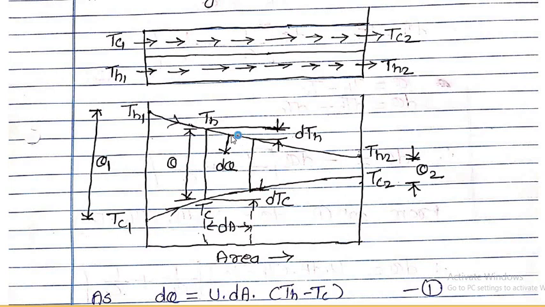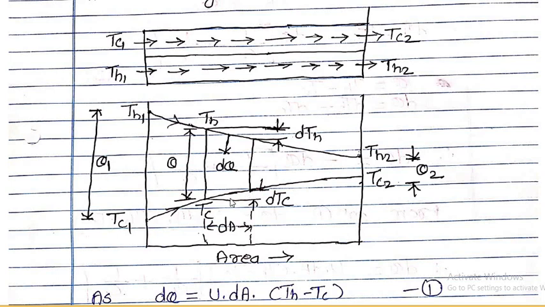Once the fluid flows over this area, the hot fluid loses its heat to the cold fluid, so the temperature of the hot fluid will decrease, and that temperature decrease, the difference of temperature at this point and at this point, will be considered as dTh. Next, once the cold fluid flows over the considered area, its temperature will increase from this point to this point.